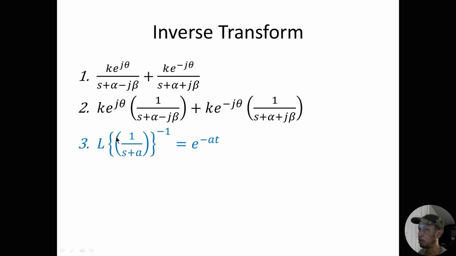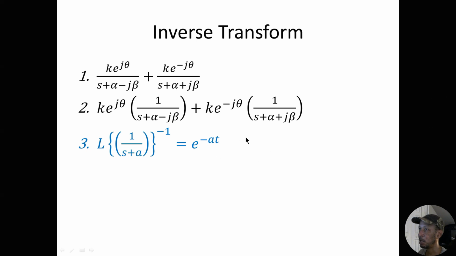Next, I'm going to apply this inverse transform, and so wherever I see 1 over s plus a, I'm going to relate that as being e to the negative at in the time domain. Here, this whole expression, alpha minus j beta, is the equivalent of what a is in this expression.